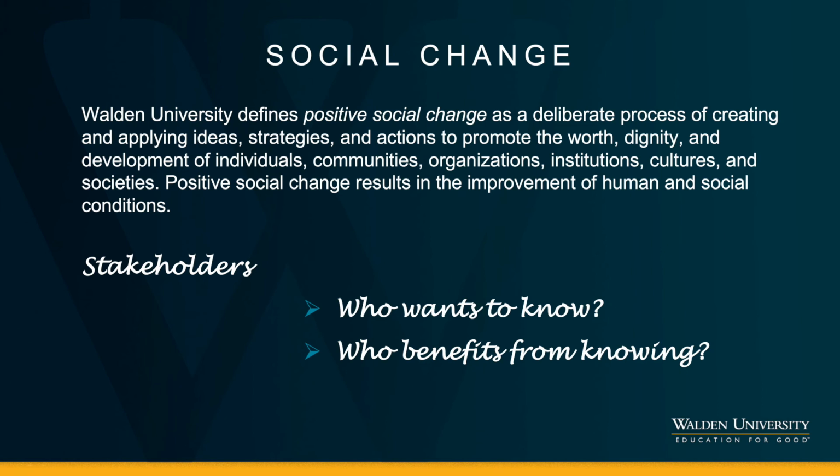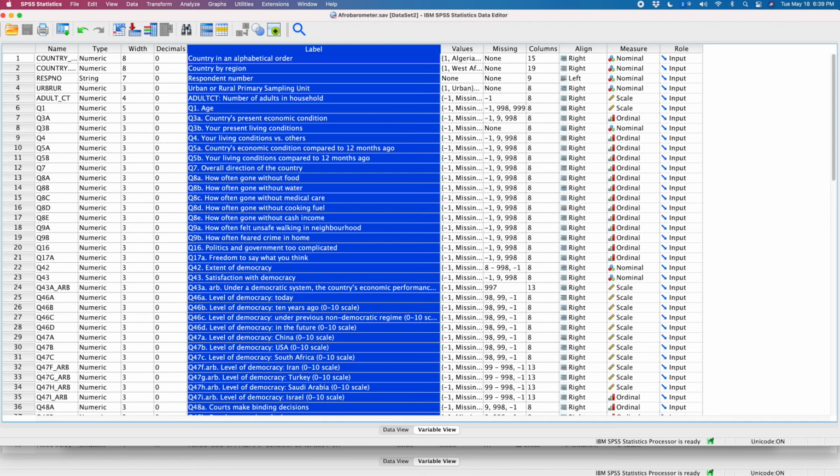These are 2 different groups, and I want to illustrate to you what that means with an example from the Afrobarometer data set. Let's go back to SPSS and pick 2 variables there and hypothesize on the stakeholders for these results. I'm going to bring up the Afrobarometer data set again. Here we are. Now I'm going to pick 2 variables.